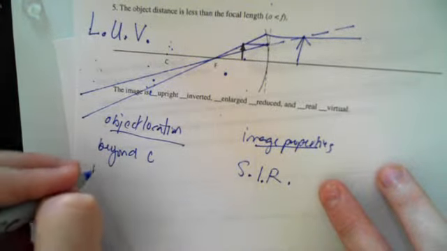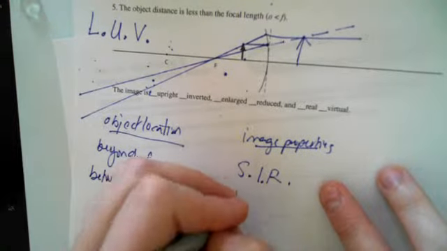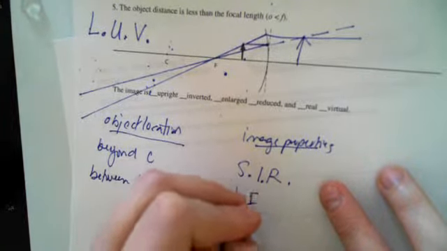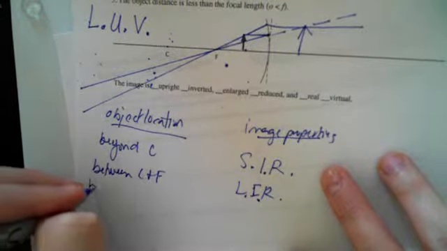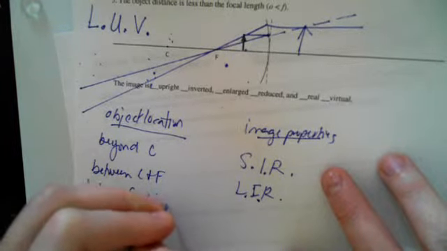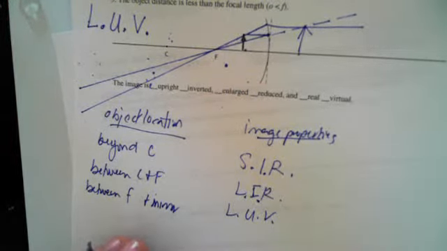Anytime it's between center of curvature and our focal point, it's going to be Lur, larger, inverted, and real. And anytime it's between the focal point and the mirror, it's Love, larger, upright, and virtual. Okay?